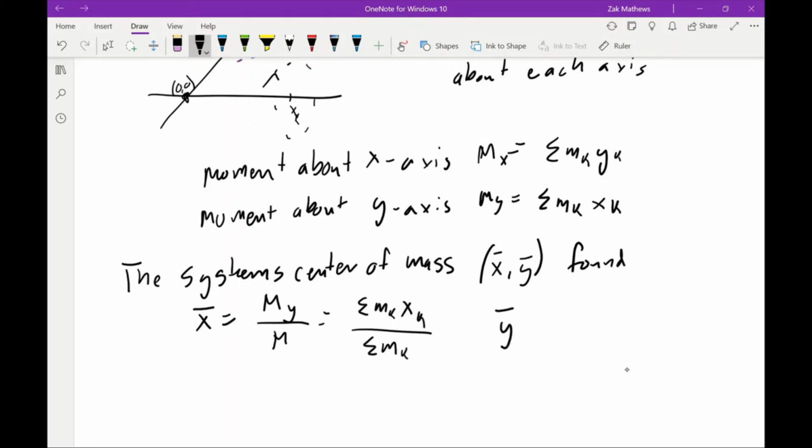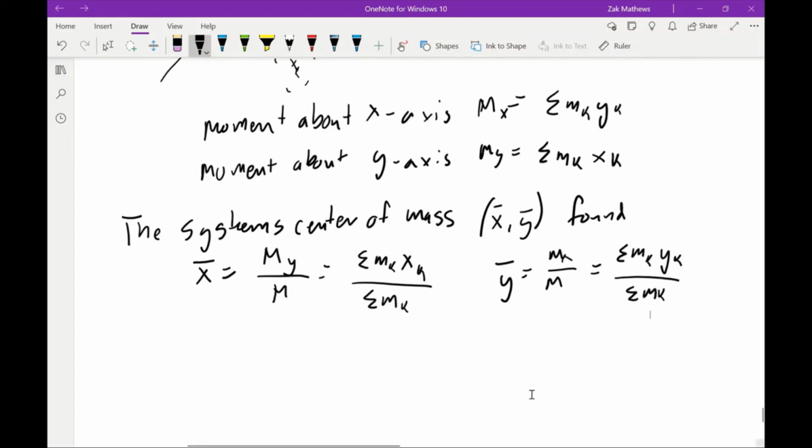And y bar is going to be equal to the Mx over m, which is equal to the summation of masses times y positions over the summation of the masses. So again, we have yet another formula here, but it's kind of making sense, or hopefully at least it makes a little bit of sense.